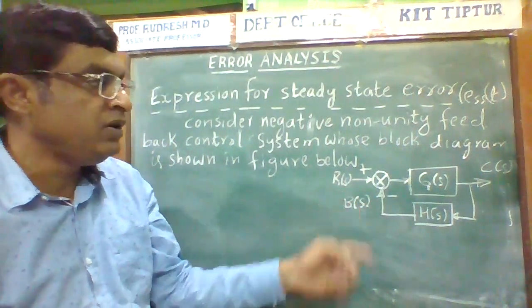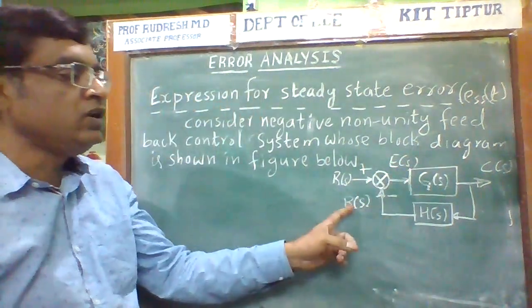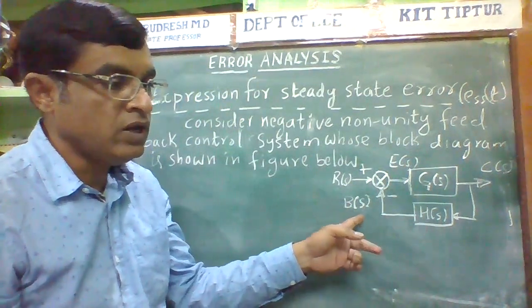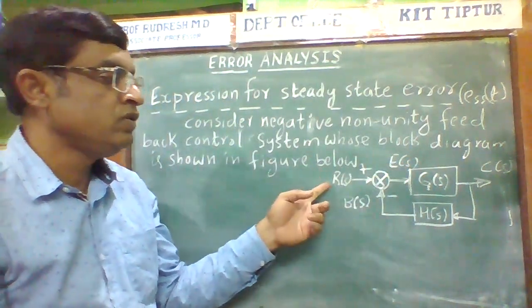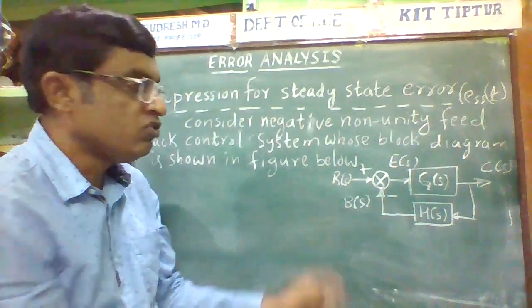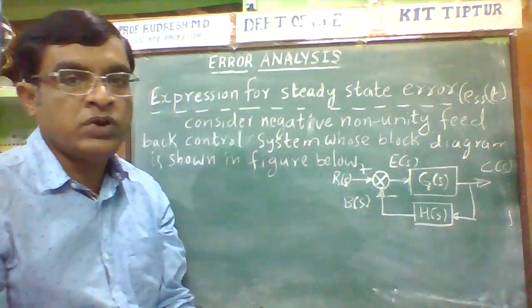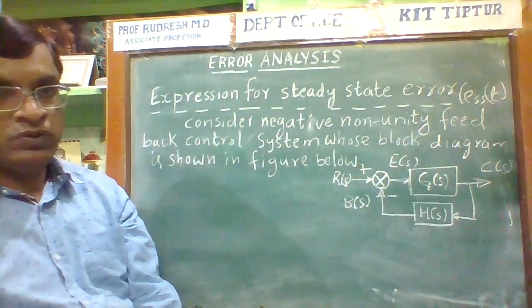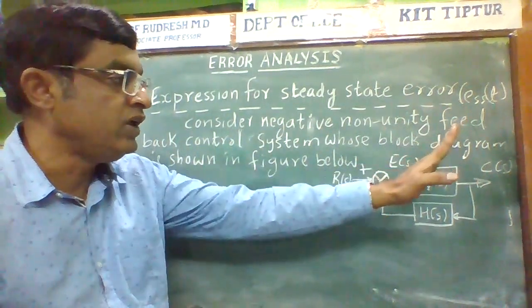B(s) is called the feedback signal. E(s) is called the actuating signal or error signal. R(s) is the input in the s domain and C(s) is the output in the s domain.